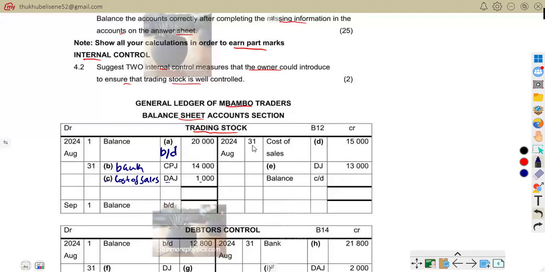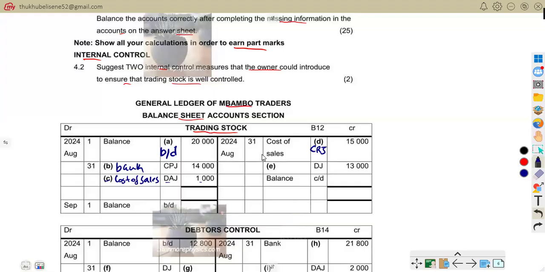Now coming to the 31st, on the credit side of our trading stock, we are to fill in the missing under D. On D, whereby we have 15,000, you can see that it is going to be the cash receipts journal. The correct answer there is cash receipts journal of this cost of sales. Why?